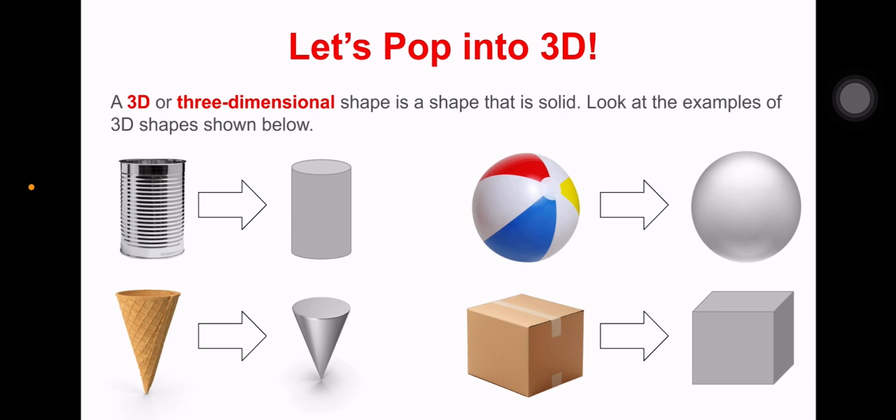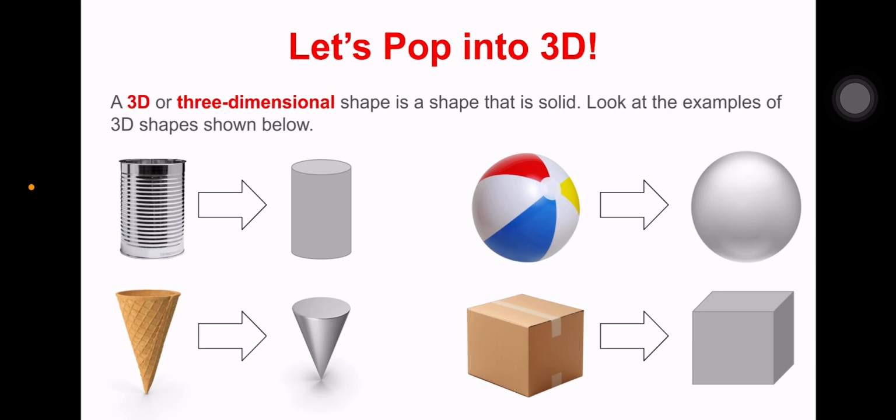For example, a can is like a cylinder. A cone is shaped just like an ice cream cone. A beach ball is round just like a sphere. And a cube is like a box.